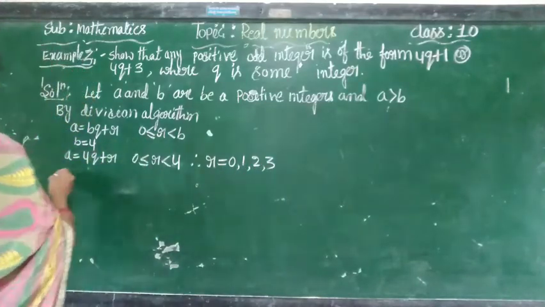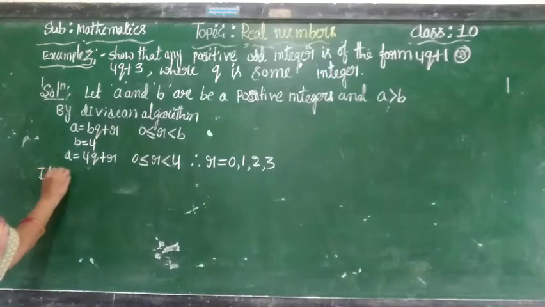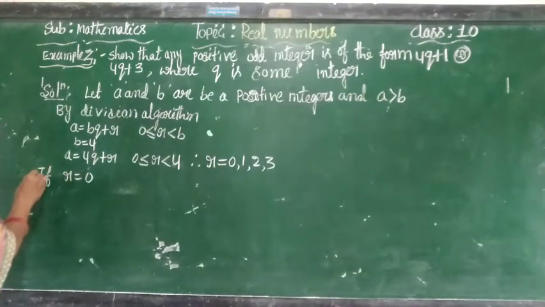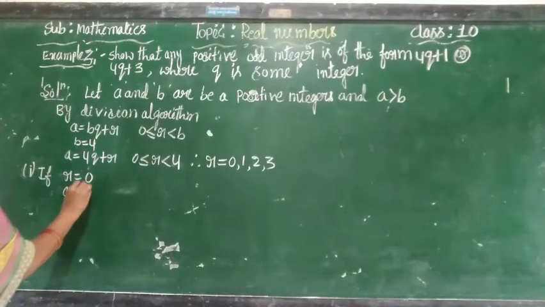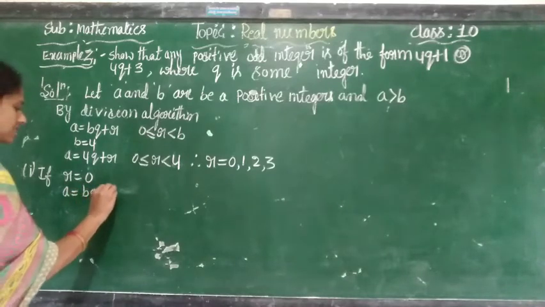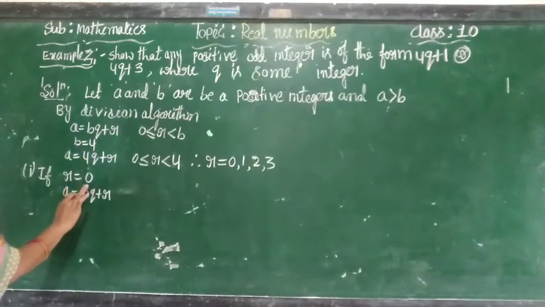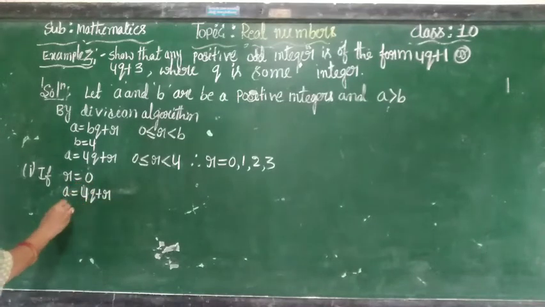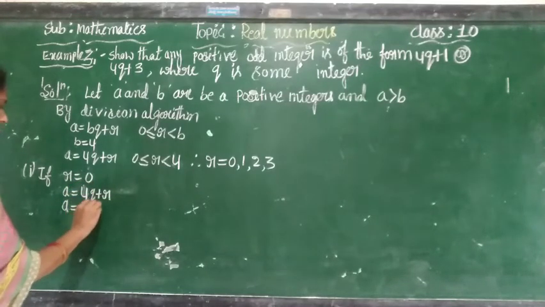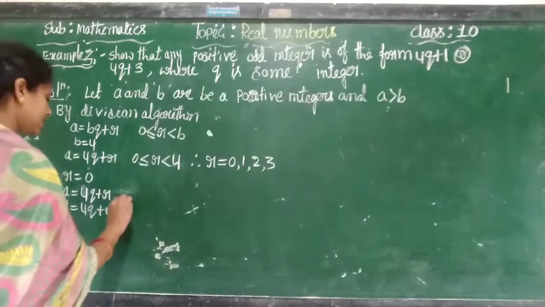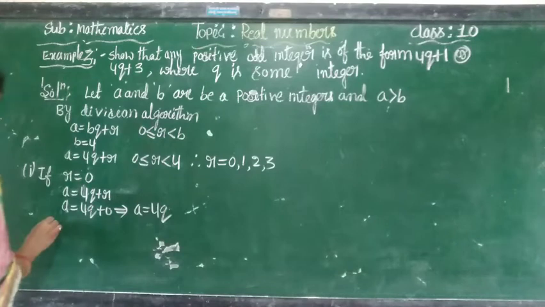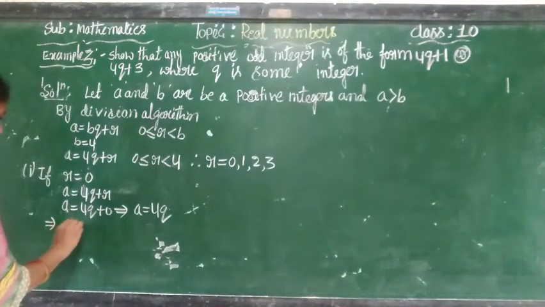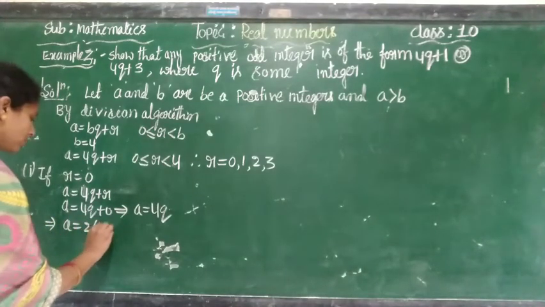So the first condition, if r is equal to 0, a is equal to bq plus r, 4q plus r, a is equal to 4q plus 0. This implies that a is equal to 4q. This implies that a is equal to 2 into 2q.